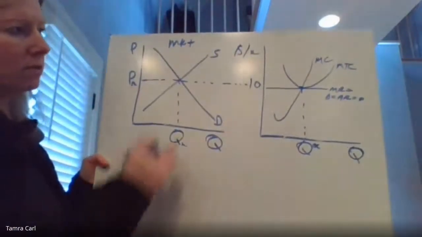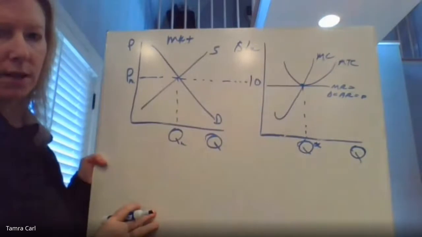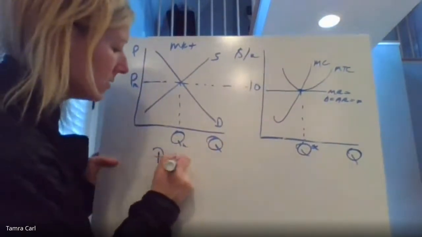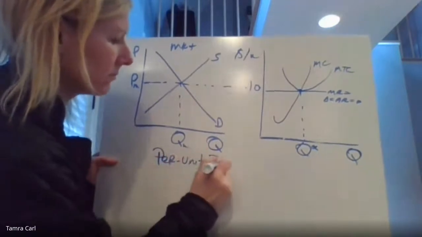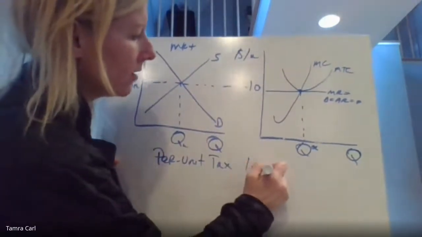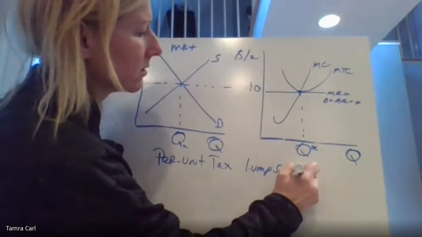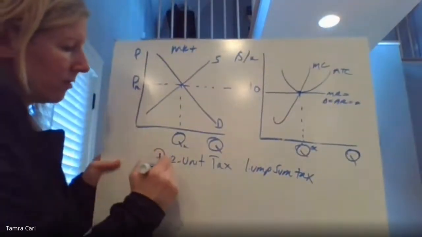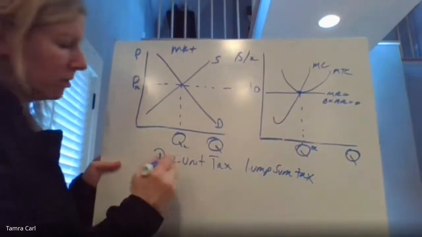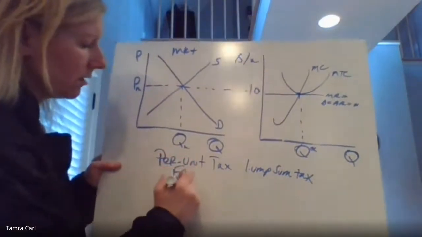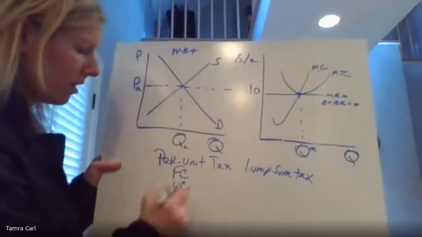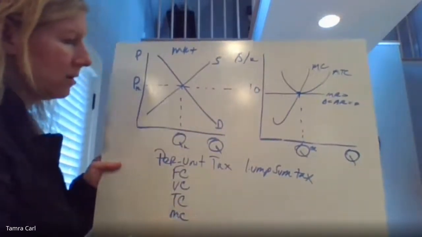And that's where we need to look at the different curves that are in here. So if I have my per unit tax and I have my lump sum tax, the different curves that I want to look at are my cost curves. So there's the fixed cost, the variable cost, and the total cost. And then we also have our marginal cost curve here.